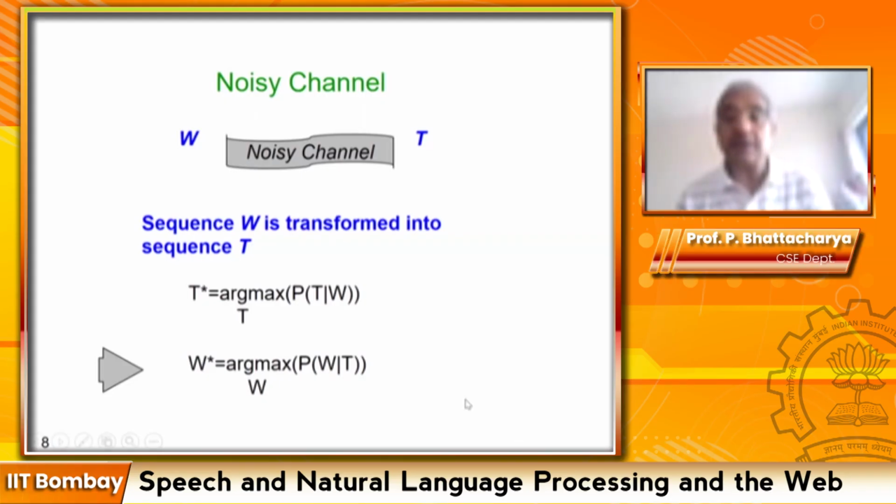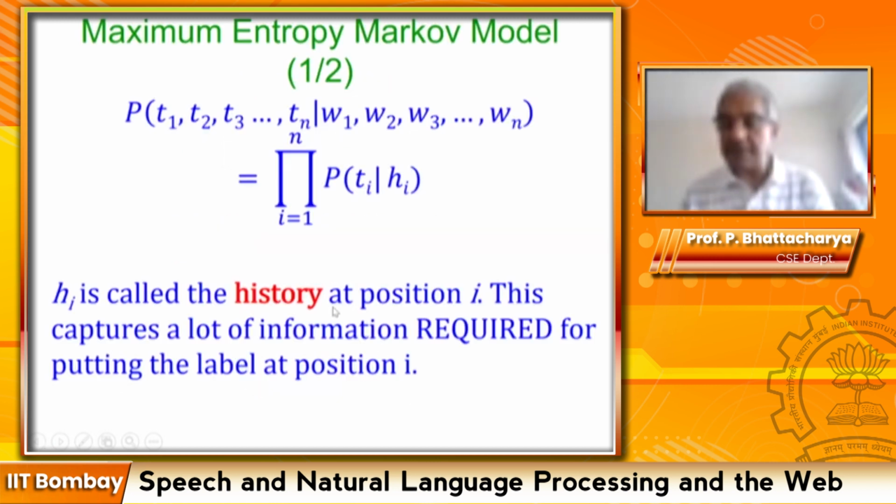We start with the argmax expression for the probability of the tag sequence given the word sequence. Last time we focused our attention on every position, and for that position the words, POS tags, properties of the words, parts of the words form what is called the history.